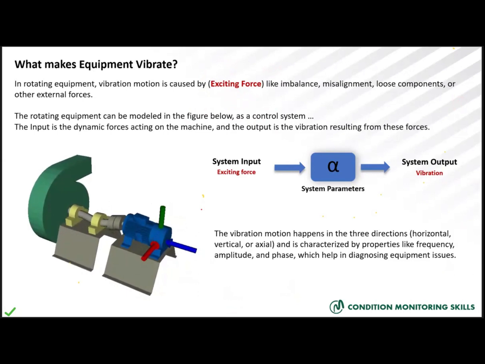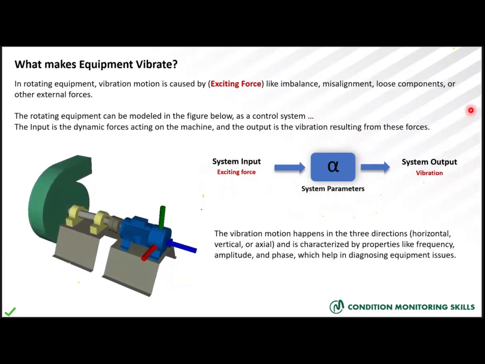The rotating equipment can be modeled in the figure below as a system. This is the rotating equipment, and there is a system input, which is the exciting force, and a system output, which is the vibration that we measure. So the vibration usually is the output of the exciting force for the system.